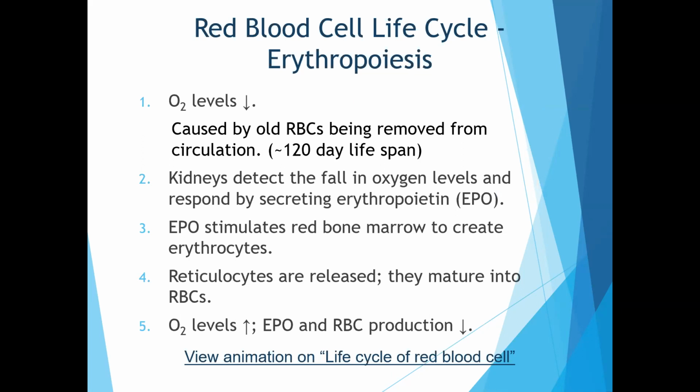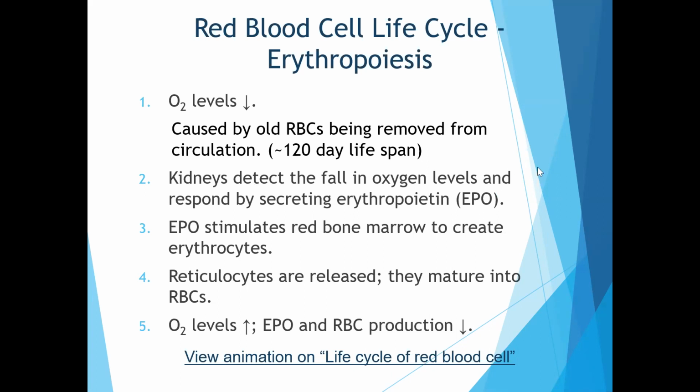They can last for about 120 days, and then they go to our spleen where they are broken down and eaten by some of our other cells to recycle the parts. So as these old red blood cells are removed from our circulation, we get a drop in oxygen levels because we have fewer red blood cells to carry our oxygen.